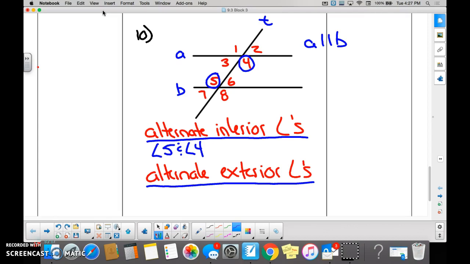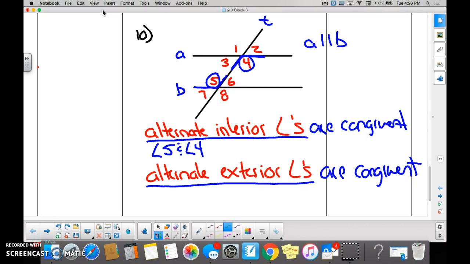And if you look at angle 5 and angle 4, they both look like they are obtuse angles. So they are going to have similar angle measurements because alternate interior angles are congruent. Just like alternate exterior angles are congruent. So in other words, they have the same angle measure.